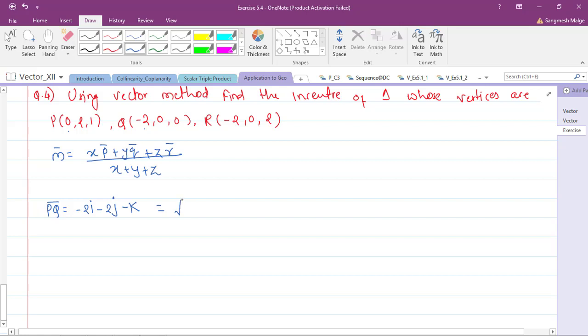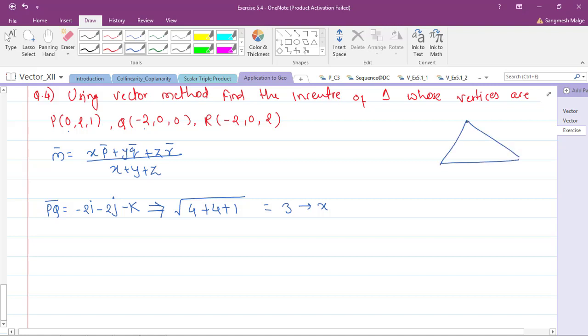I want the mod, so root of 4 plus 4 plus 1, which is nothing but root 9, so it is 3. This is nothing but mod PQ. Let's name this x. Okay, so remember it like this.